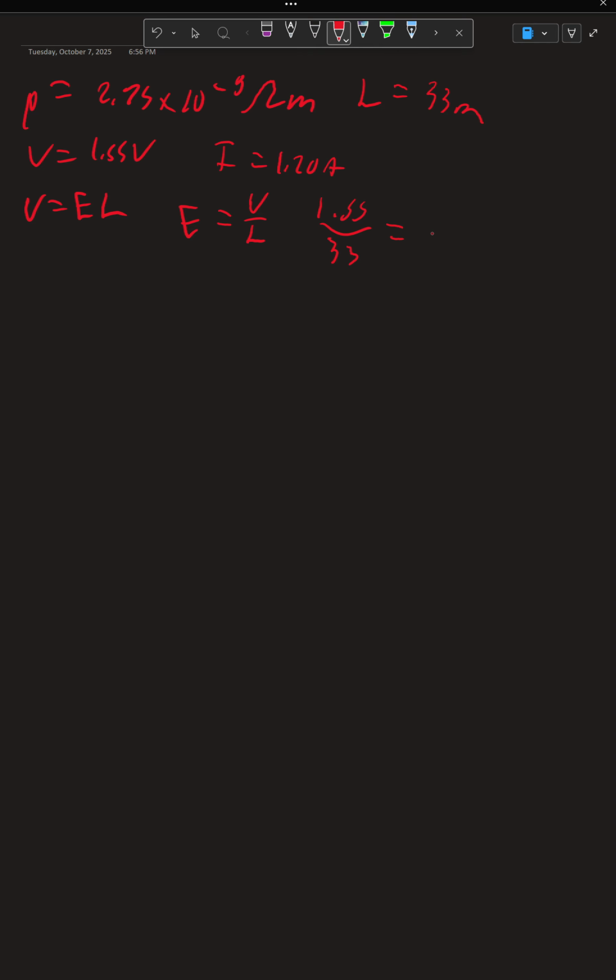So that equals 0.0469 volts per meter, V over M equals E. That's part A, the electric field.